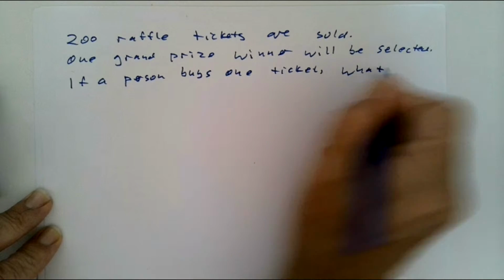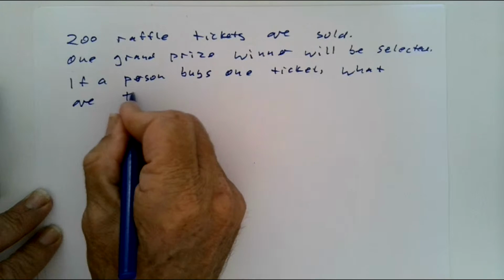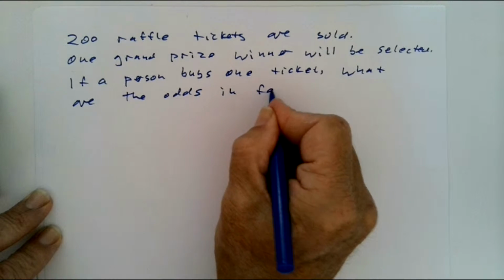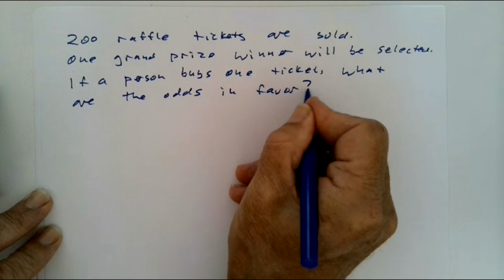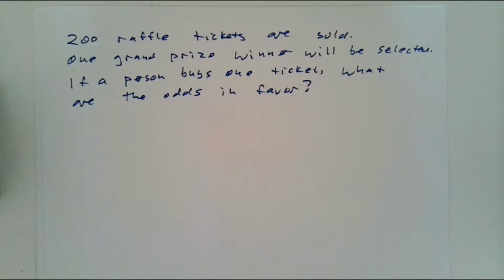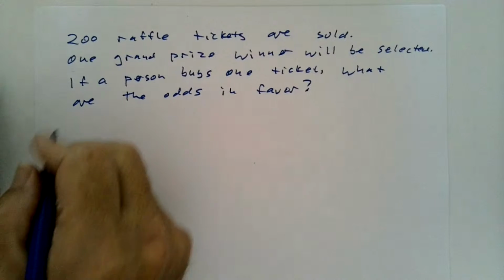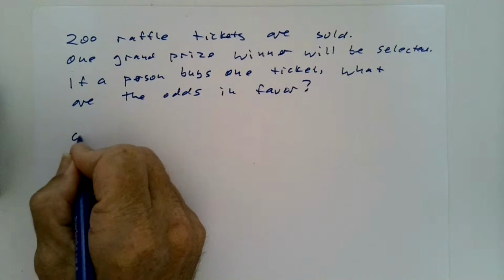Now let's think about this. How many good tickets to how many bad? There are 200 tickets sold. The person just buys one good ticket. He's got one good ticket, 199 bad tickets. So in terms of thinking about what this should be, 1 to 199 should be our model.